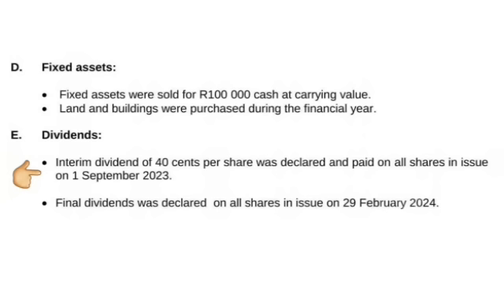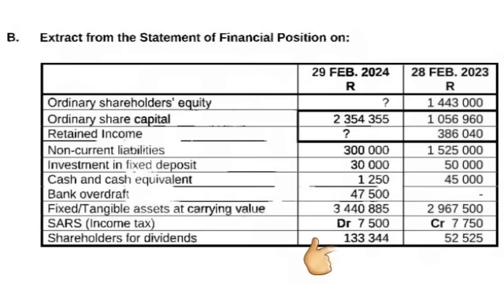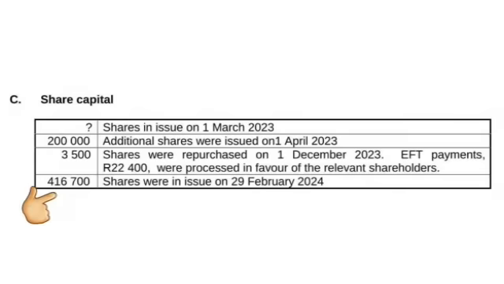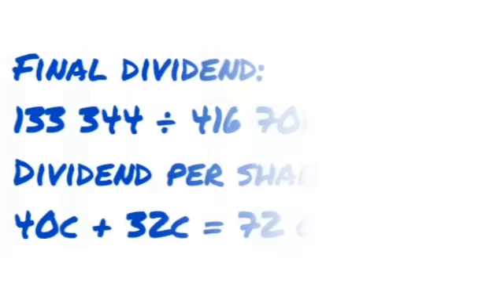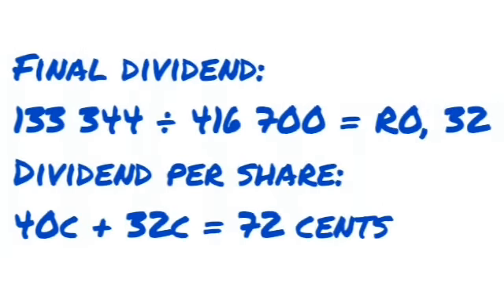You're just going to take that shareholders for dividend of 133,344, and divide it by the amount of shares that were in issue at the end of the year, which was 416,700. When you divide them, they give you the final dividend per share, which is 32 cents.